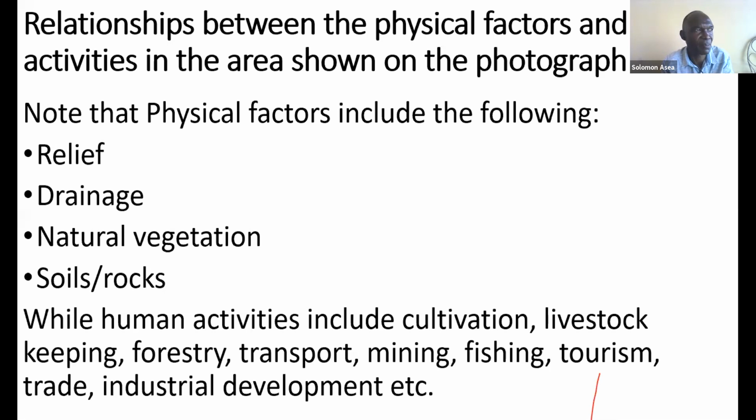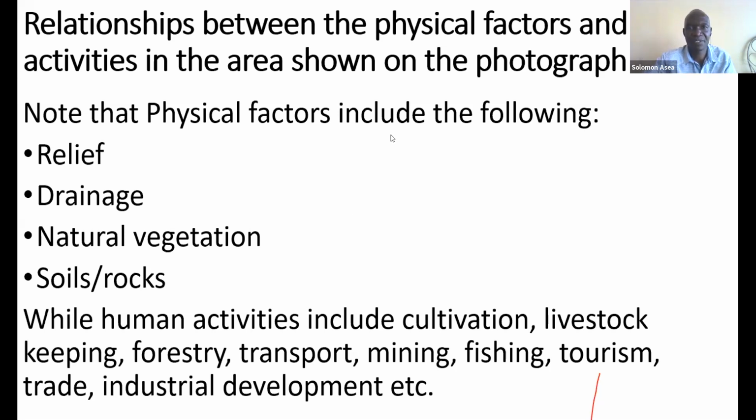Geography focuses more on the interrelationships between phenomena. Map reading, relationships. Photographic interpretation, relationships. Because man-land relationships are a key factor.